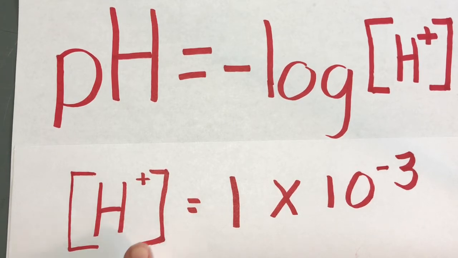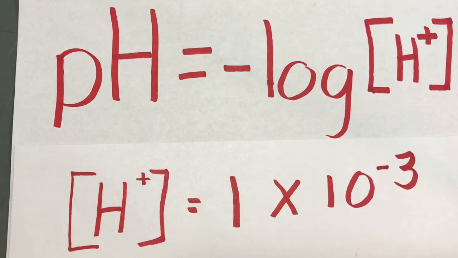So in this first example, I have the concentration of hydrogen ions being this. The log is the number a base has to be raised to in order to get that number. So we want to know what number we would have to raise our base 10 to get this answer.